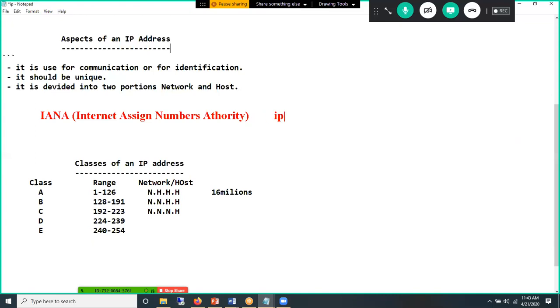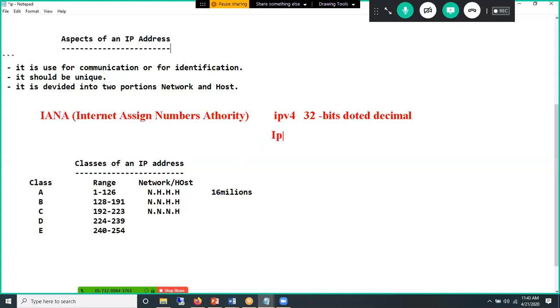One version is IPv4, which is in the form of 32-bit dotted decimal format, decimal numbers.